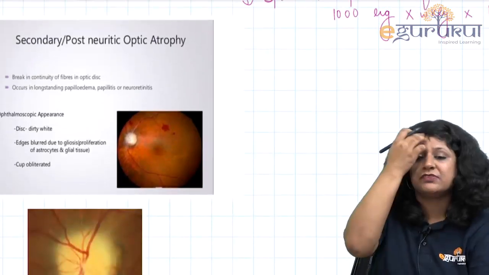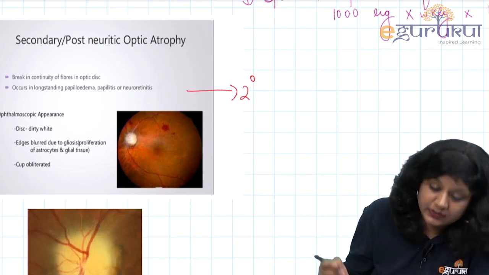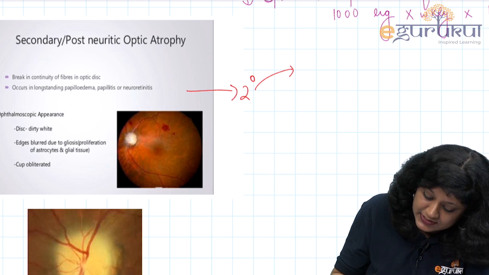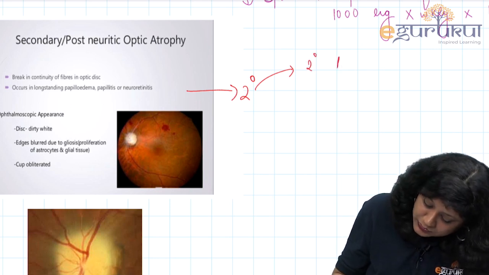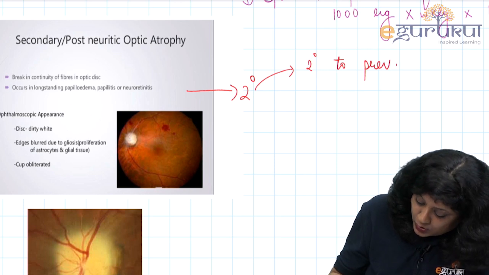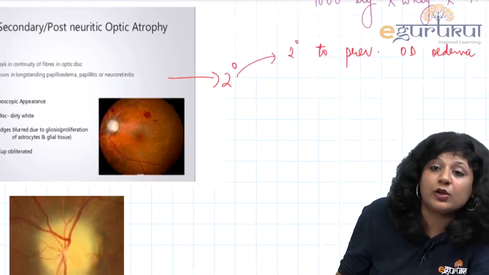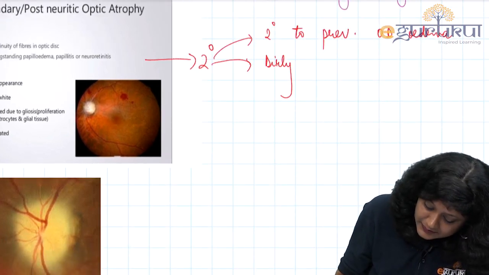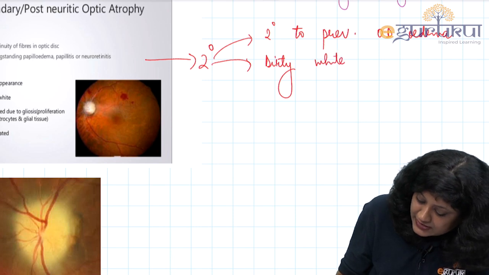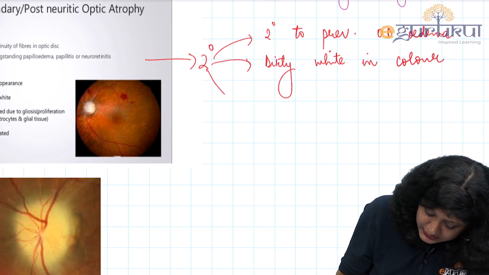Then we have the secondary optic atrophy. This is secondary to the previous optic disc edema, and because optic disc edema has already taken place, this will be dirty white in color. And what are the causes?